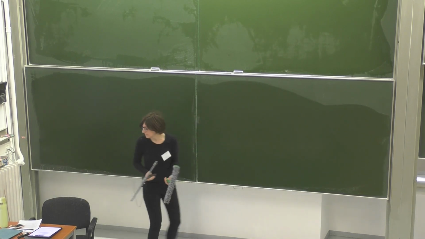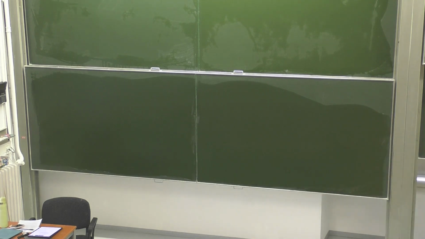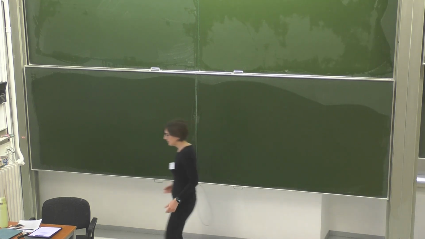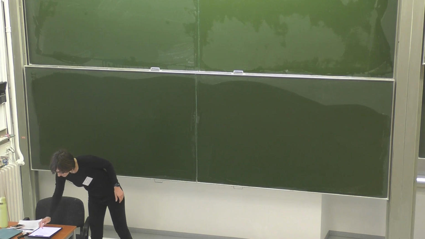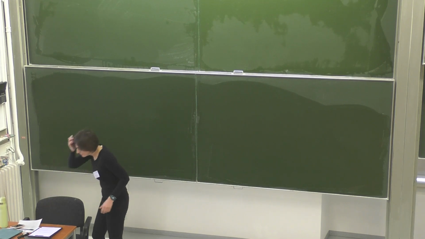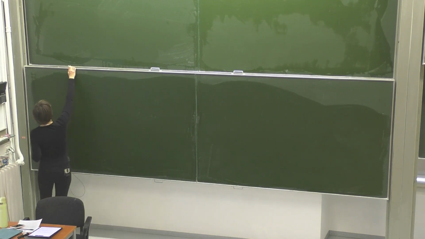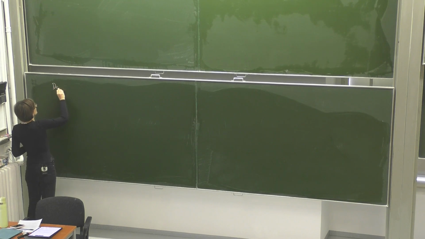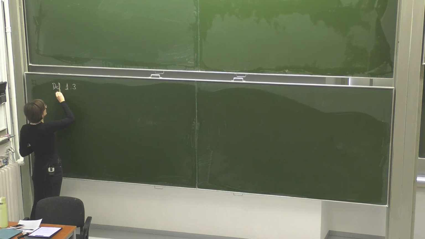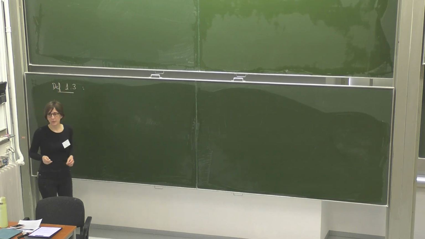So we need to define this. So we are going to define representations of Lie algebroids. First of all, Lie algebroid connections.